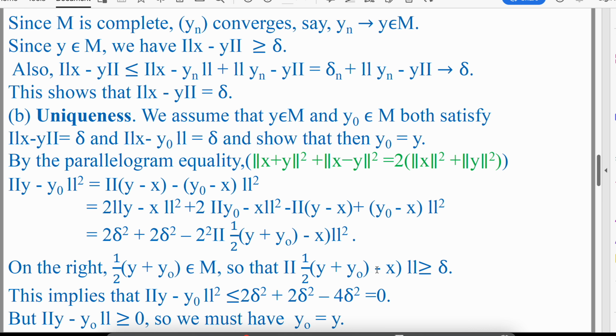Because here we have minus, when we multiply by a minus sign, greater than becomes less than. So minus norm of half y plus y naught minus x is less than or equal to minus delta. So it is 2 delta square minus 4 delta square, so it is equal to 0.